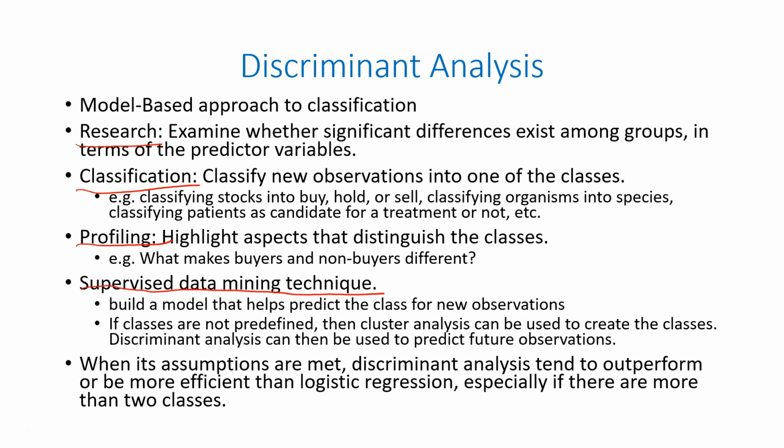That means you can build models that give you the same predictive performance with much less data using discriminant analysis compared to logistic regression. In addition, while logistic regression is useful when there are two classes, discriminant analysis can be used when there are more than two classes involved, making it more versatile in many business situations.